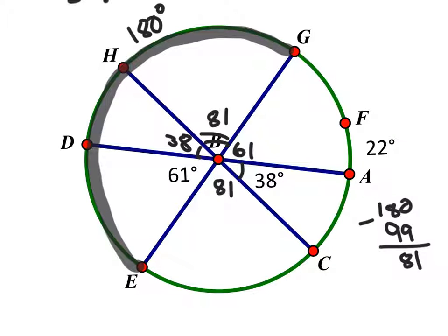I also have that this angle here is 22, and the whole angle here is 61, so I can do 61 minus 22 and get that this missing arc here is 39. Now that I've really marked up my diagram, I will go over and look to answer the questions.